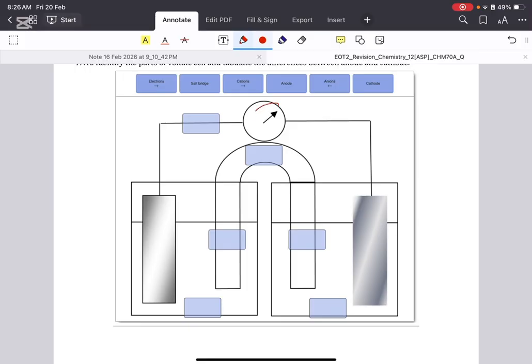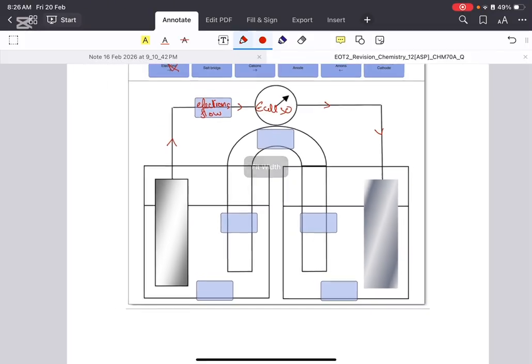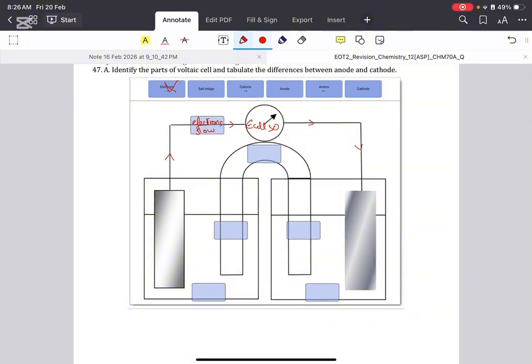Okay, now I want you to see that the E cell over here looks positive, so that's a galvanic cell. On this one I'm just going to write electron flow, and because the electrons are going in this direction, this one would be the anode, and that would be the cathode.